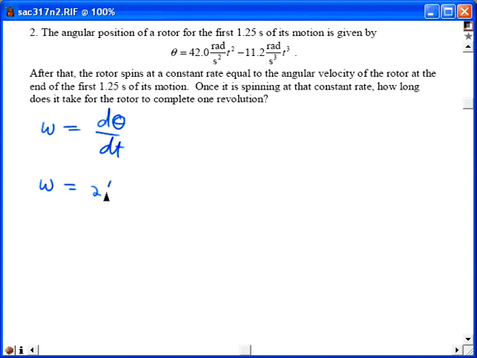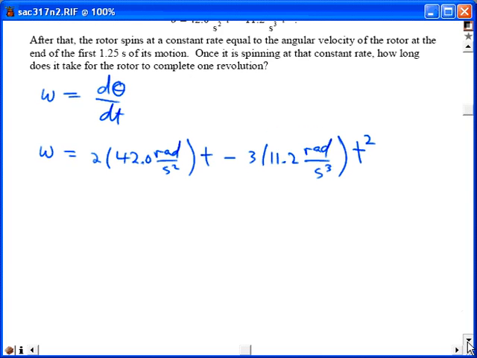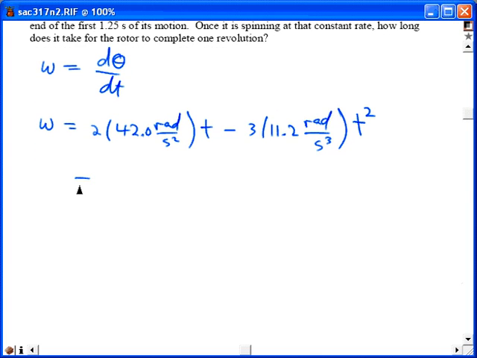I'll bring the 2 down, times the 42.0 radians per second squared times t, and then minus, I'll bring the 3 down, times 11.2 radians per second cubed, all times t. The power has to be reduced by 1, so it's times t squared.